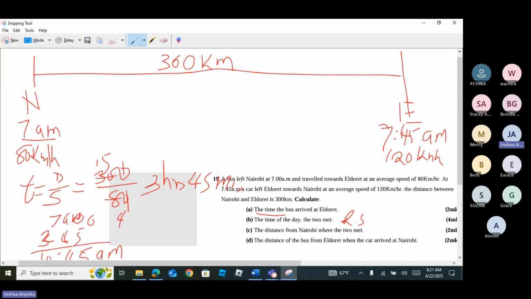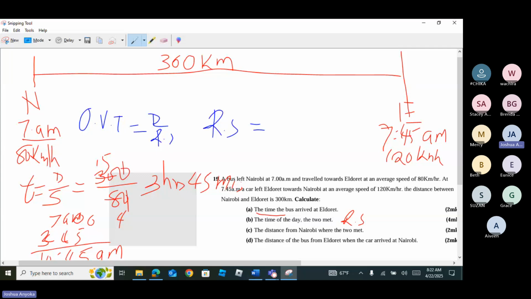We said that overtaking time, OVT, equals the distance between the two over relative speed. So we need relative speed. Before you calculate relative speed, you ask yourself, are the two vehicles moving towards each other, approaching, or are they moving in the same direction?